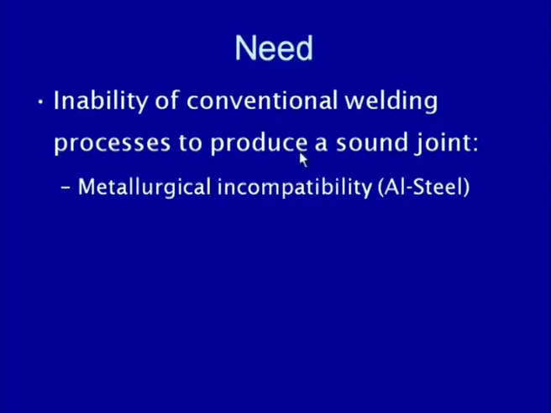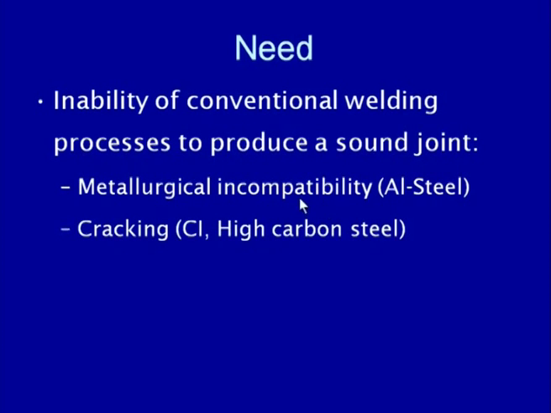But in many situations it is found difficult to melt the fixed surfaces for developing the weld joint because the metal systems to be joined are metallurgically incompatible. Under those conditions, it is required to use processes where the melting can be avoided, but the joint can be made using some low temperature filler materials by heating the surfaces to be joined.